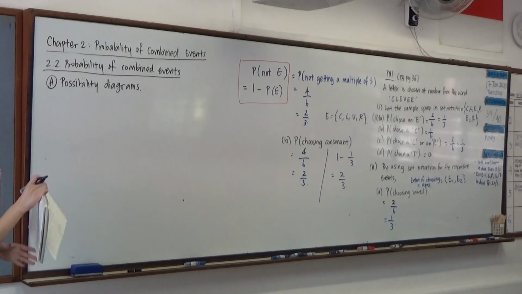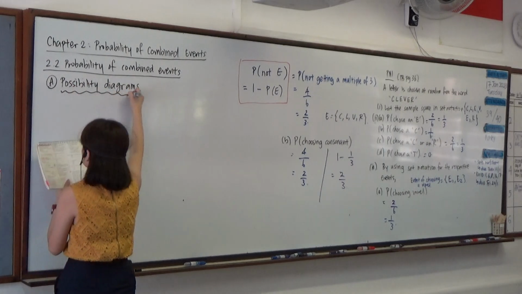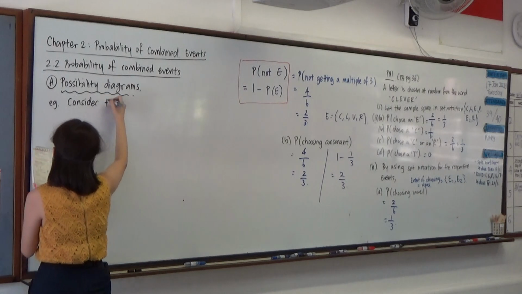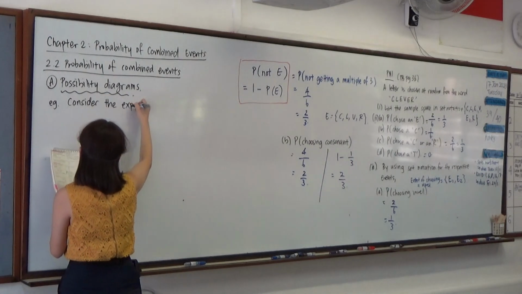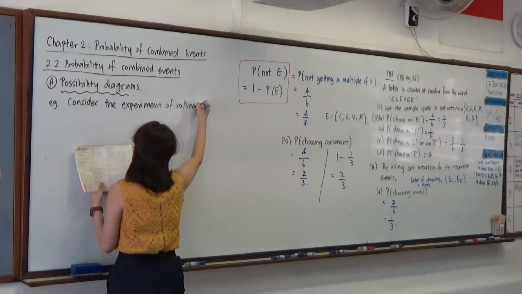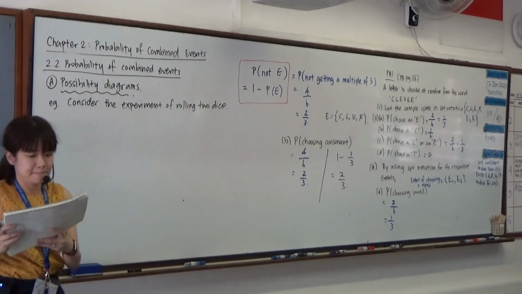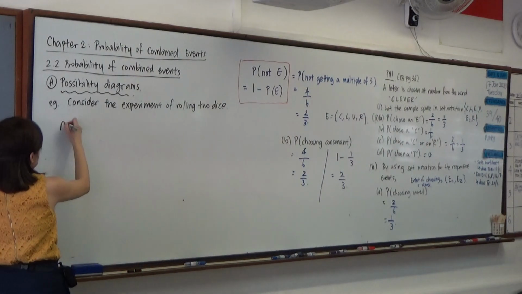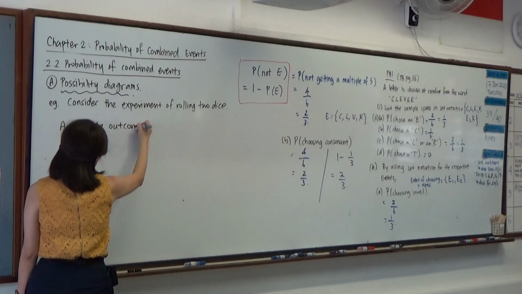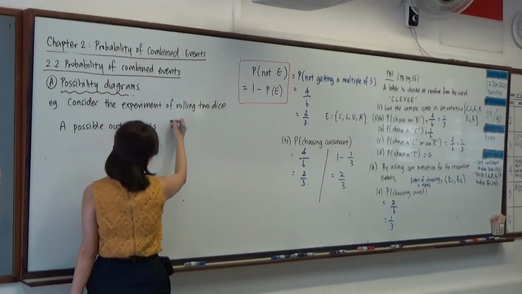Take note, it's possibility diagram, not a probability diagram. So let's consider an example. Like I said earlier, rolling of 2 dice. We know that one possible outcome when I roll 2 dice is to get the outcome 2, 3.